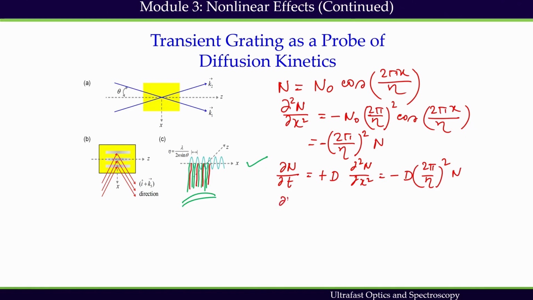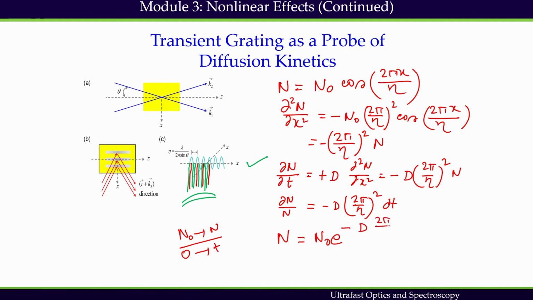We can write dn by n equals minus D 2 pi by eta whole square dt. Finally, if we integrate it within the limits n naught to n, and 0 to t, we get the final expression as n equals n naught e to the power minus D 2 pi by eta whole square t.